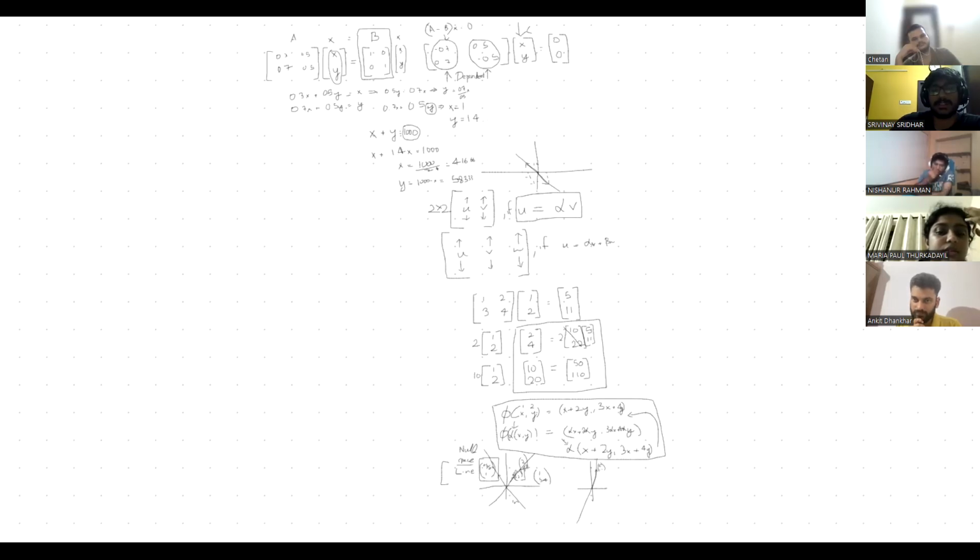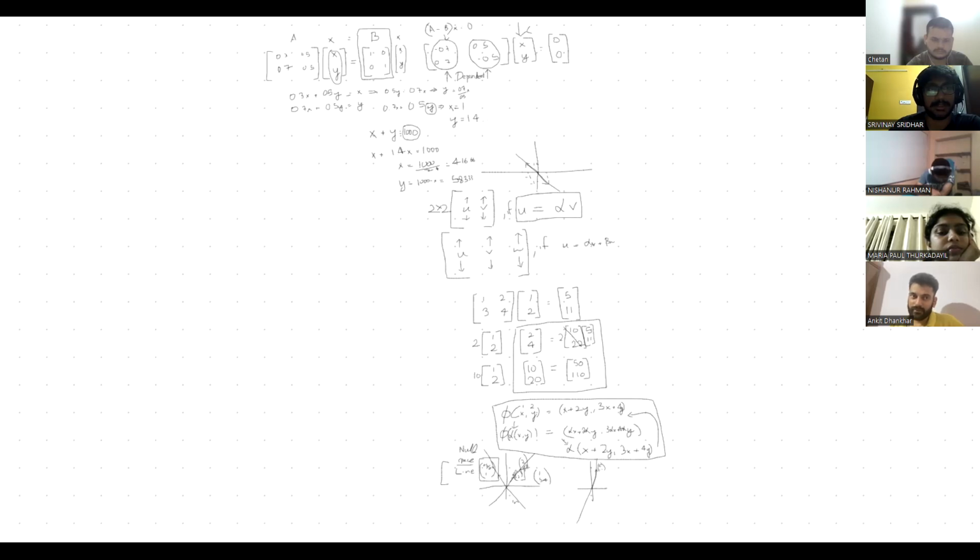Can someone give me a quick example? You can take an example of 2, 1, 1, 2. Row wise. Yes, row wise: 2, 1, 1, 2.